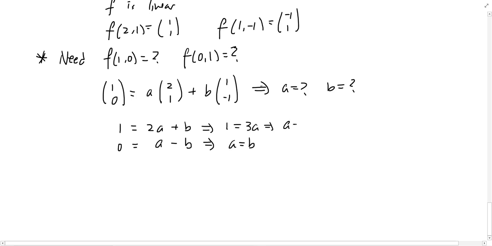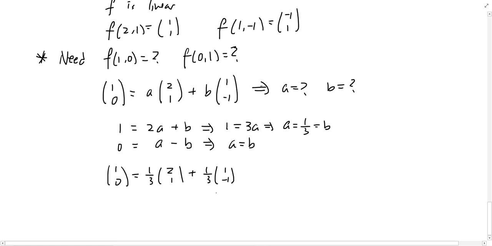So A must equal 1/3, and so would B, because A and B are the same. Therefore, (1, 0) is 1/3 times (2, 1) plus 1/3 times (1, -1). You can see that 1/3 times 2 is 2/3, plus 1/3 times 1 is 3/3, which is 1. And then 1/3 times 1 plus 1/3 times -1 would be 0.